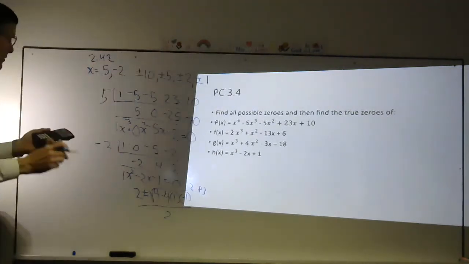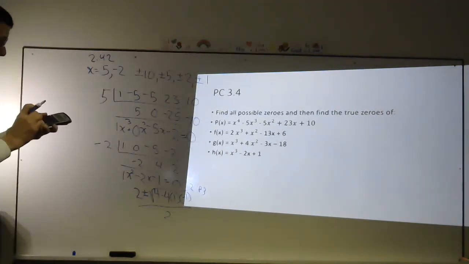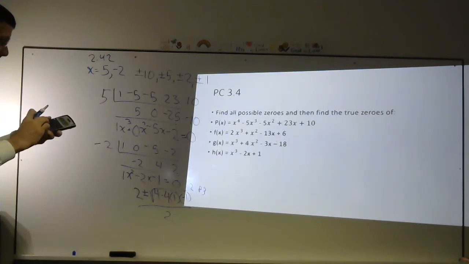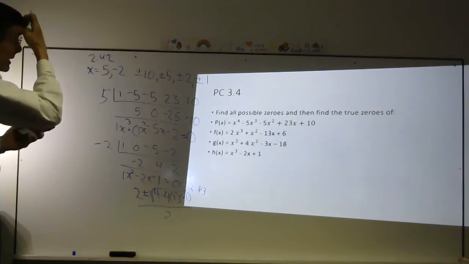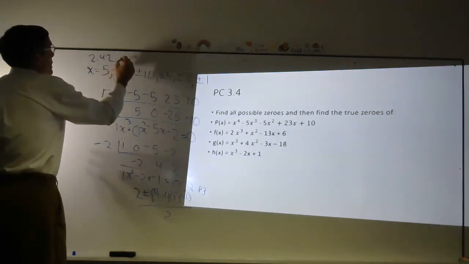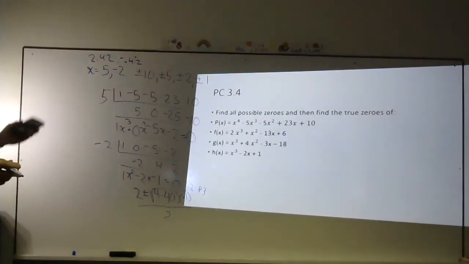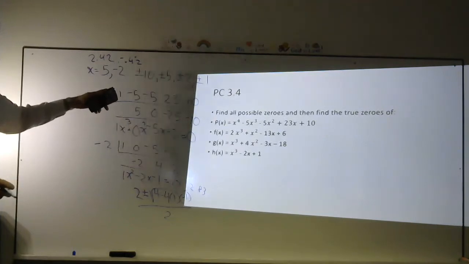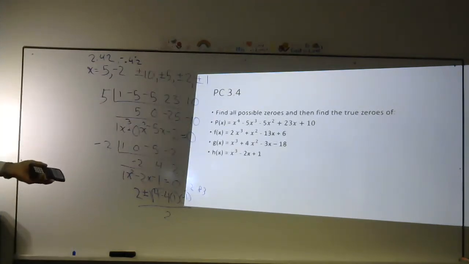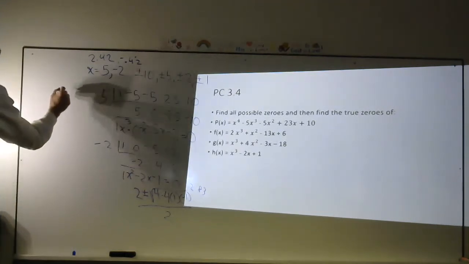And 2 minus 2.83 is a negative 0.83 divided by 2 is a negative 0.42. There we have it. You've got all 4 zeros, okay? None are used twice, so you know there is no bouncing.